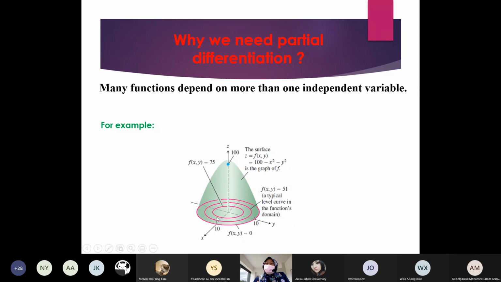So why do you have different function values? At this surface we have another function, which is z. Here z is the function of x and y, equal to 100 minus x squared minus y squared. As x gets bigger or smaller, the function also increases or decreases, so it depends on the values of x and y.